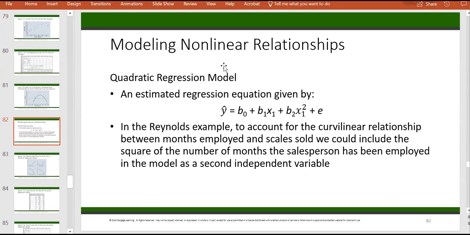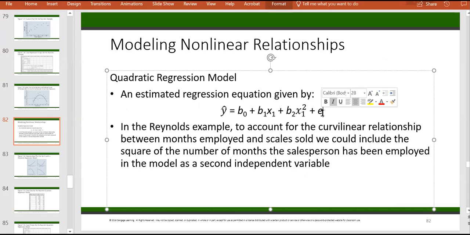So in general, the quadratic regression line looks like this. So the y hat, the estimated value of y, the dependent variable, is equal to b0 plus b1x plus b2x squared, and there shouldn't be any residual because this is the estimated value, right?